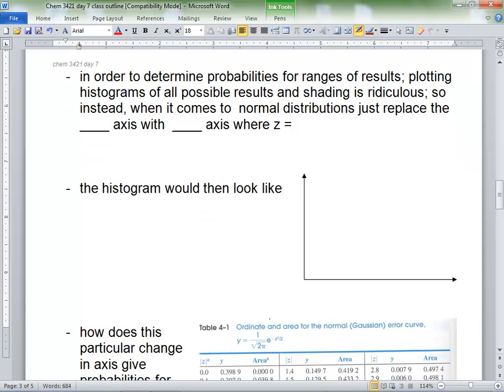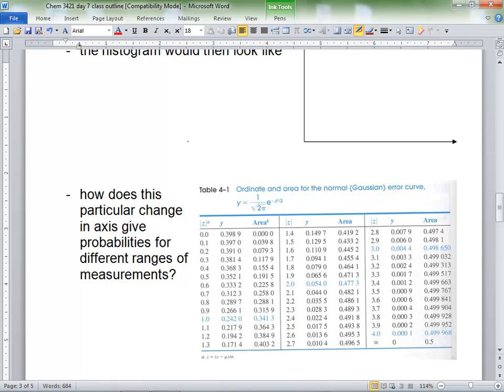Okay. So in order to determine probabilities for ranges of results, plotting histograms of all possible results and shading is ludicrous. You can't do it, right? So instead, when it comes to normal distributions, we're going to replace the x-axis with the z-axis, where z is defined as, I have to look down here and cheat, because I always forget what it is.